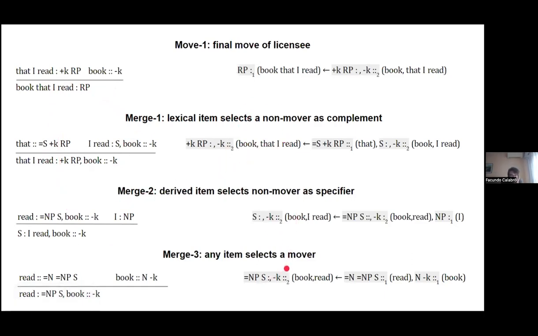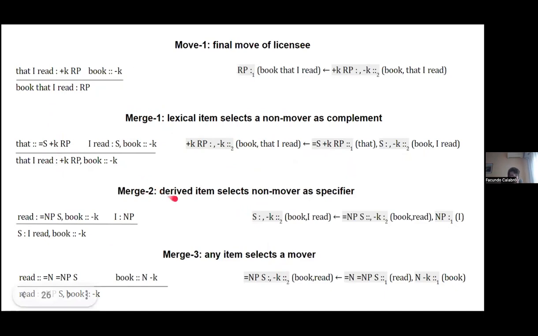So if we assume that book moves to the specifier position of the relative phrase at the end of the derivation, and here the highlighted sequences of features stand for non-terminal symbols.